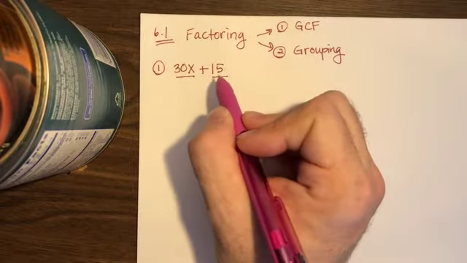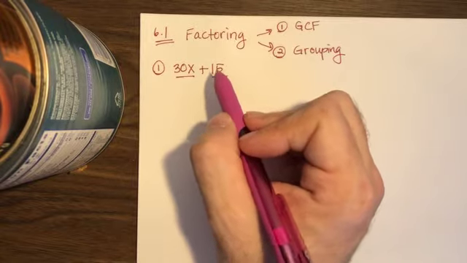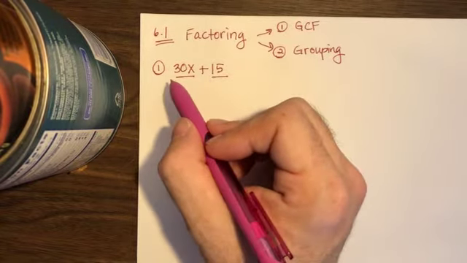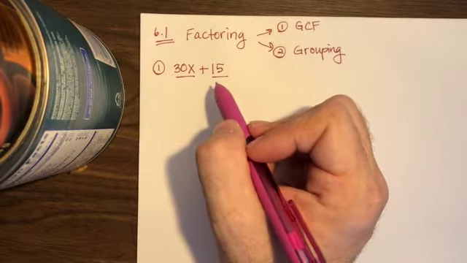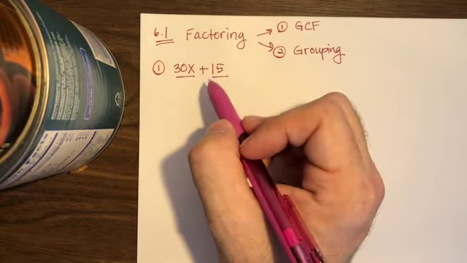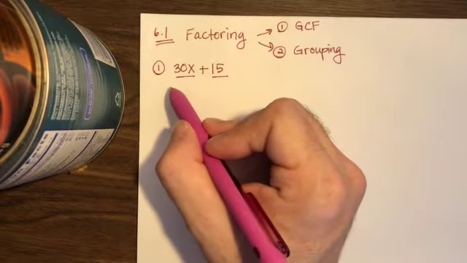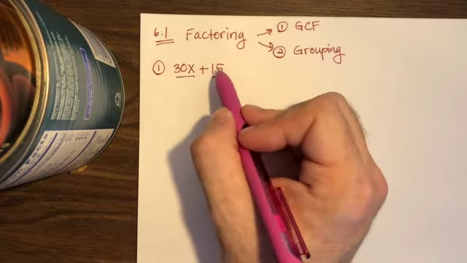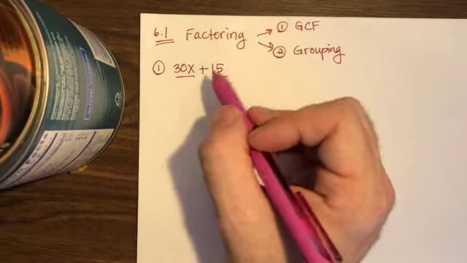In each term, I'm going to look at the numbers in front, the coefficients, and I'm going to ask myself, do they have a number in common that divides evenly into both? In this case, there are several. 3 goes into 30 and 3 goes into 15. 5 goes into 30 and 5 goes into 15. 6, no, so 6 would be out.